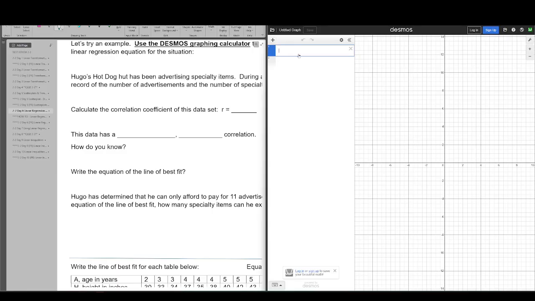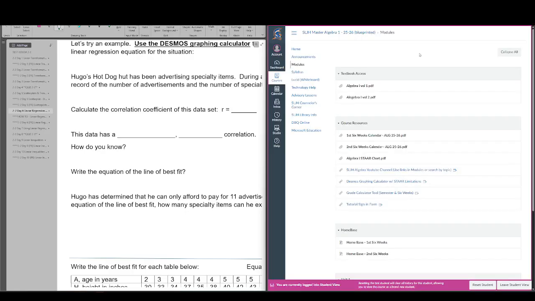So whenever you're using Desmos, you should use the version that you get on Star and in Aware, which is a little bit more restricted than this one. I can tell this is the normal Desmos because up here it just says Desmos Untitled Graph. If you go to Canvas under Course Resources, you can find right here Desmos Graphing Calculator with Star limitations.